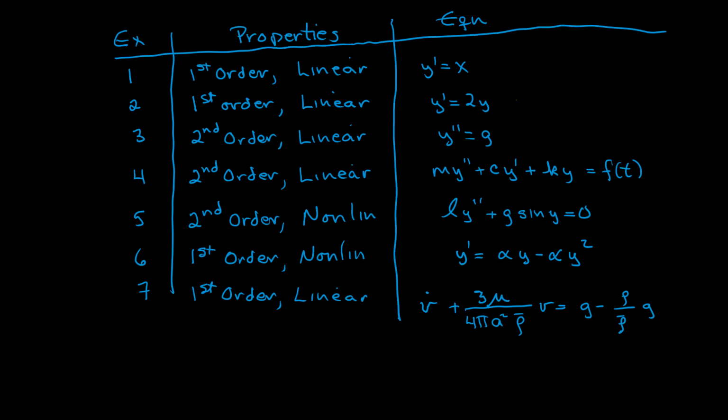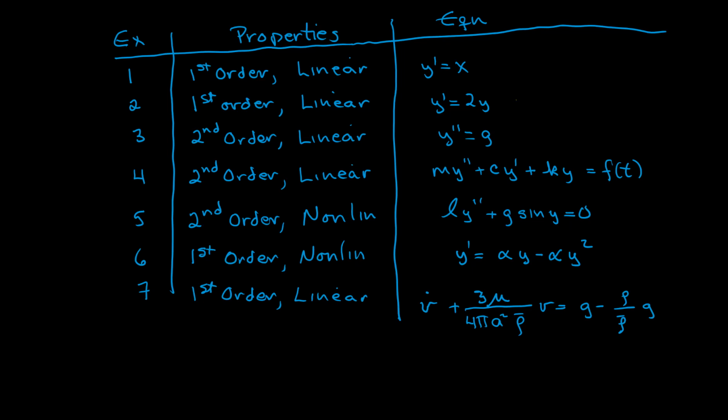Now in this fourth one, people are thinking, man, there's a lot of activity there. That's true, but the exponent on everything is a 1. We don't have any y squares or anything like that. So this one is going to be linear. As we move to example 5, notice that we have this sine of y. Sine is definitely not a linear function.